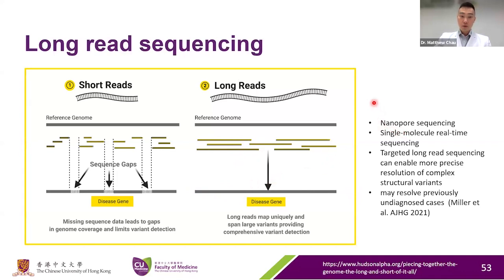So there are two approaches. One is the nanopore sequencing, and the other is the single molecule real-time sequencing. Right now, it can be used for enabling more precise resolution of complex structural variations, and it can also resolve previously undiagnosed cases.